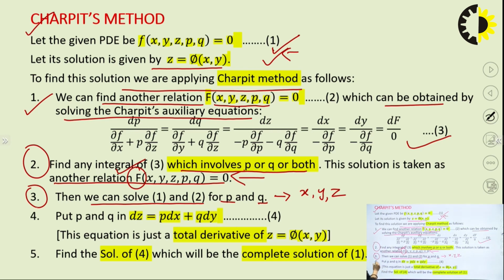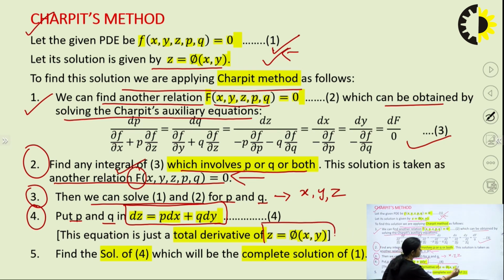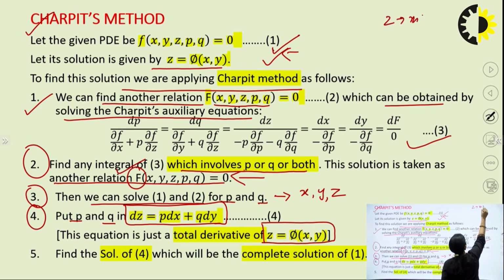Now come to the next step. What we have to do? Just put p and q in the equation dz = p dx + q dy. What is this? This equation is nothing but the total derivative of the equation z = phi(x, y). How? z depends on two variables x and y.